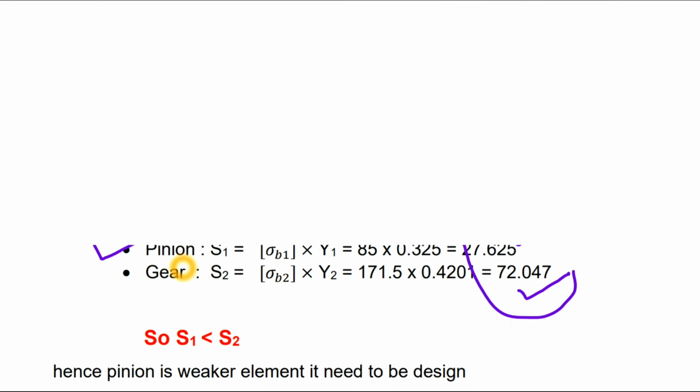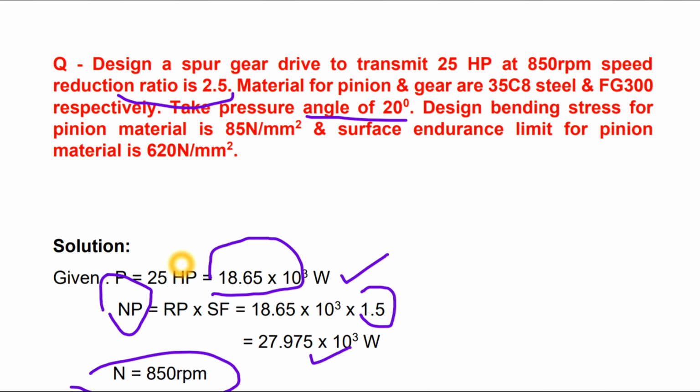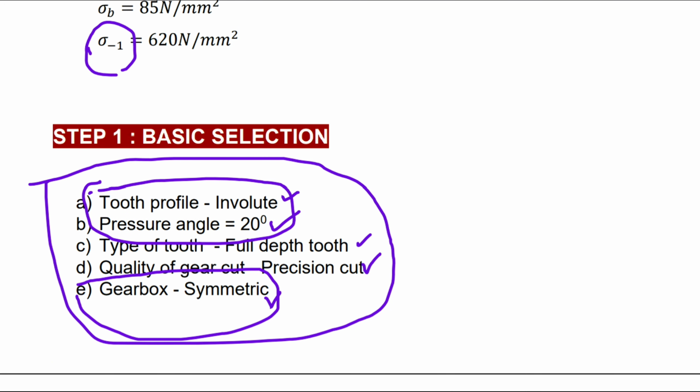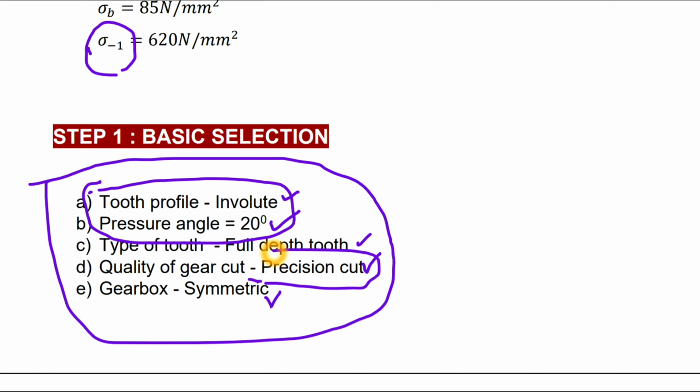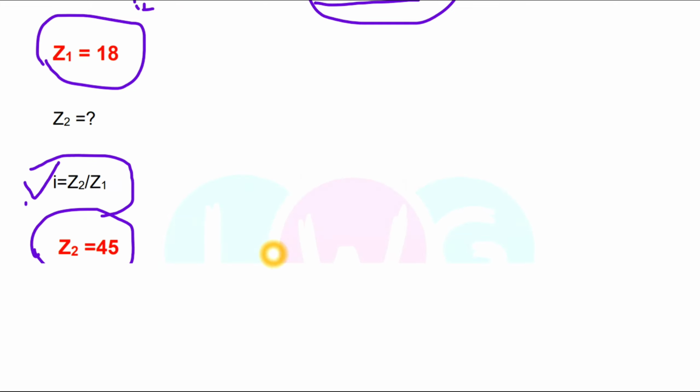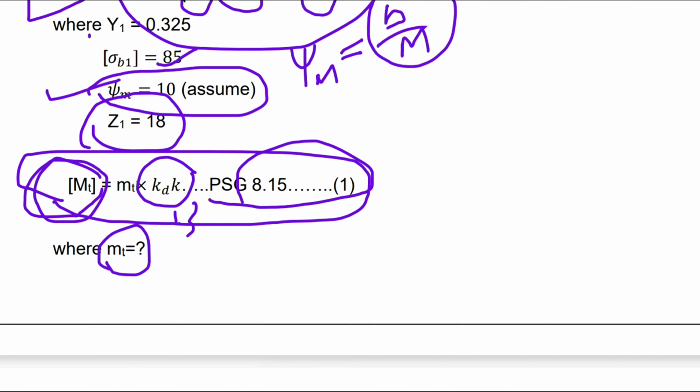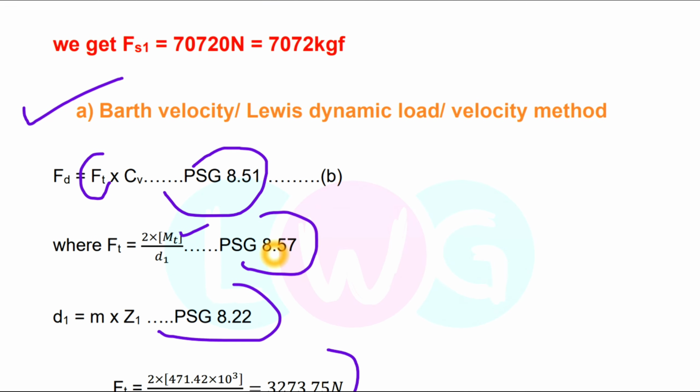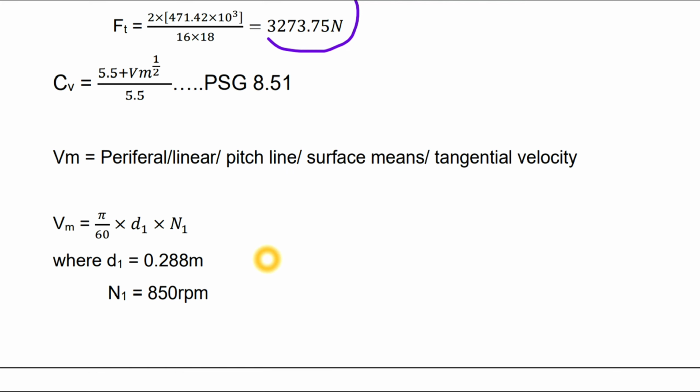So how will we select this formula? As we selected in step number 1, basic selection, the quality for gear cut is precision cut. So for selecting the Cv formula, as we selected precision cut, you can see page number 8.51 of the data book.